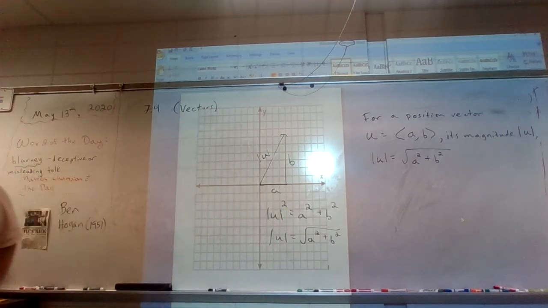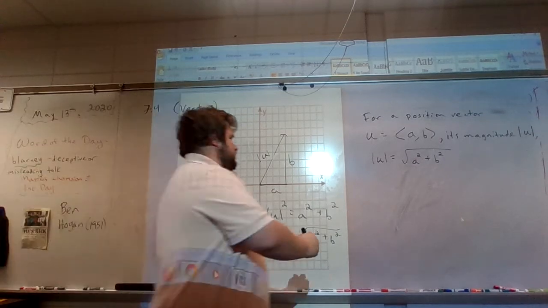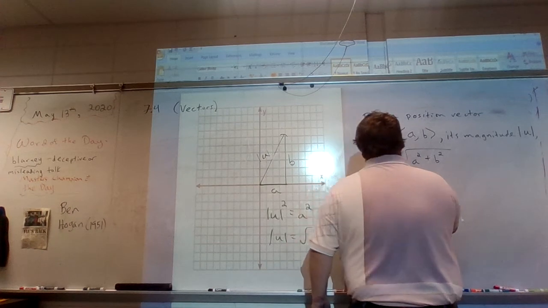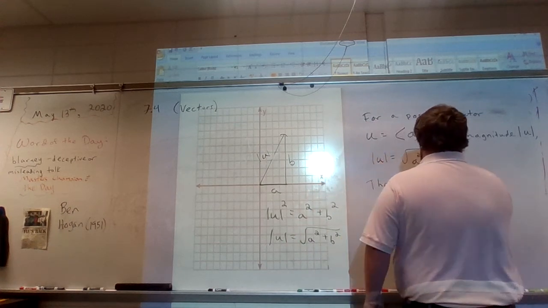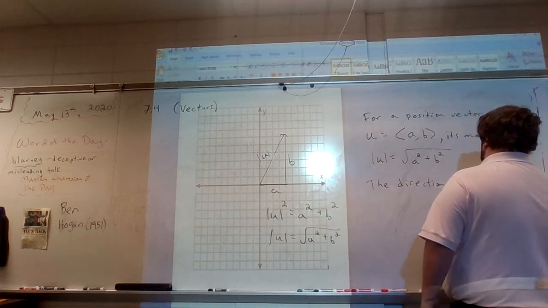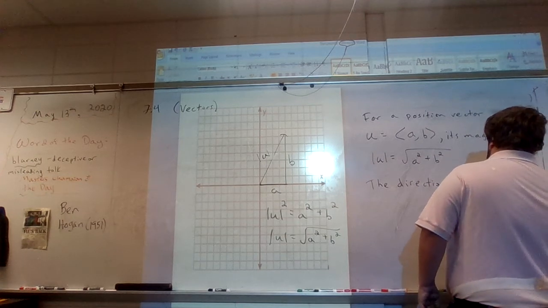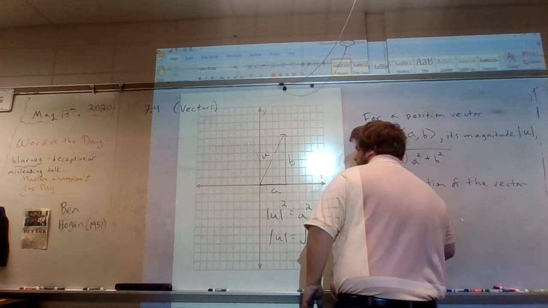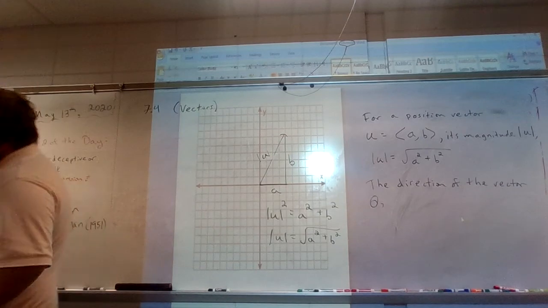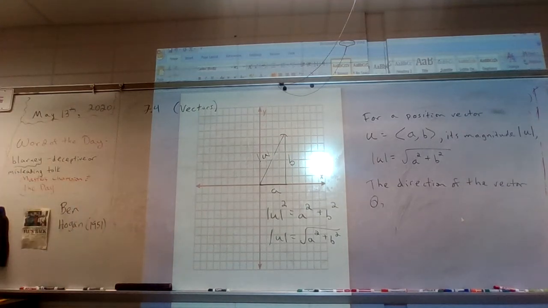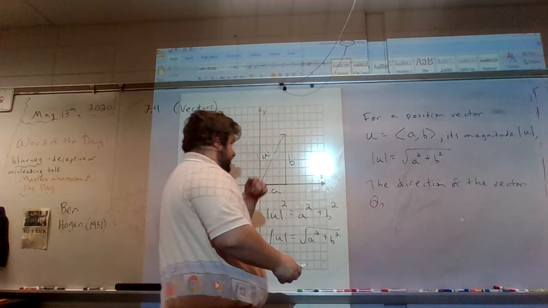And another thing that we're going to define, we're going to talk about the direction of the vector, theta. And we're going to use the angle between, we're just going to go ahead and do this in degrees.